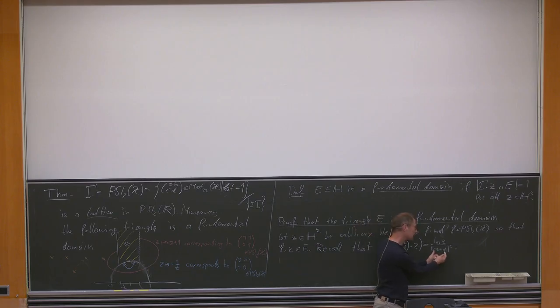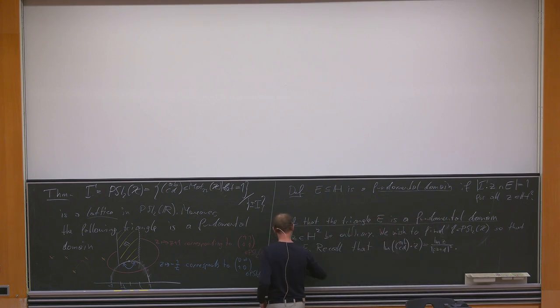So this denominator is never 0, and it tends to grow rather than be small because C and D are integers. So this quantity can never be small, which means this quotient can never be super big. Or said differently, because of the discreteness of C and D, there's a maximum value for this. Okay?